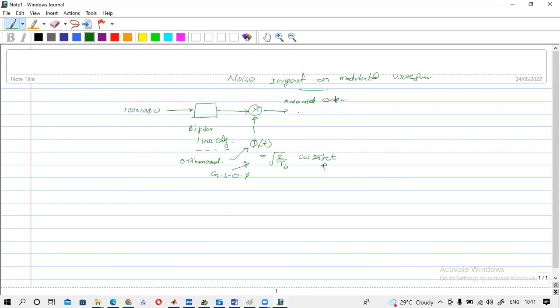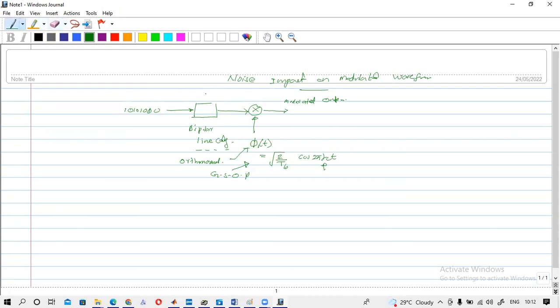After bipolar line coding, here you will have a voltage level, 1 or -1.